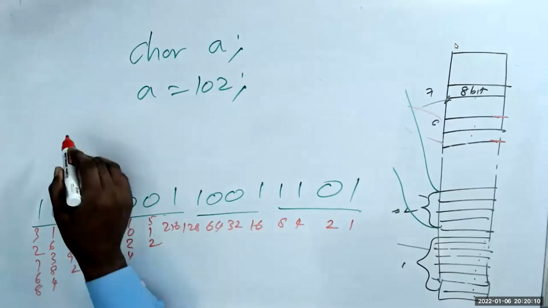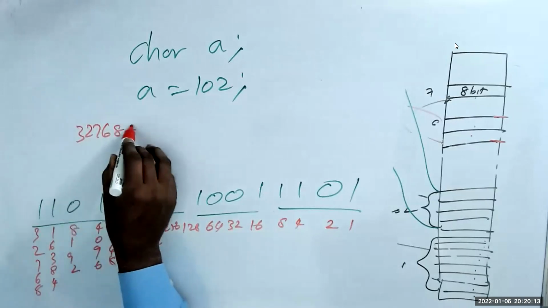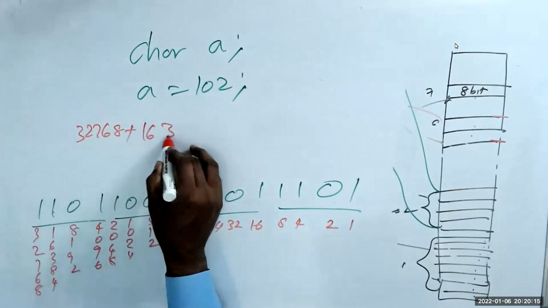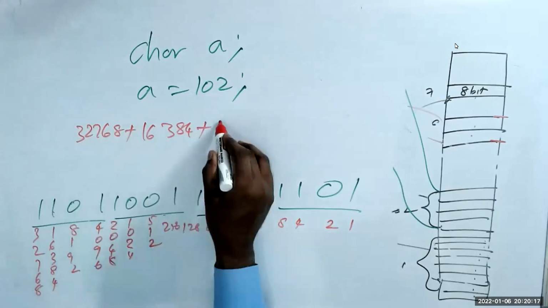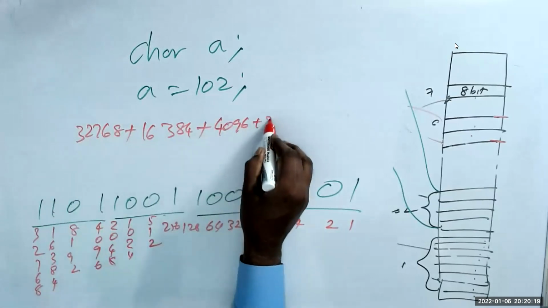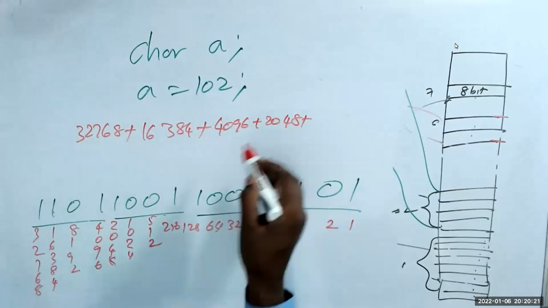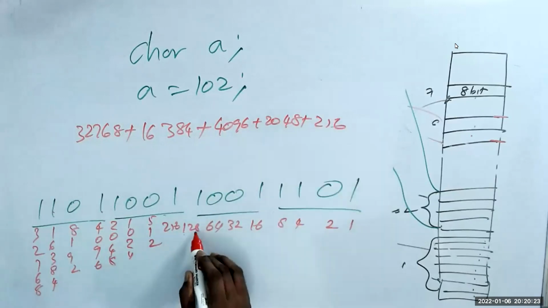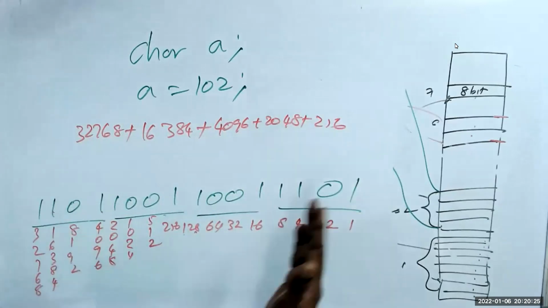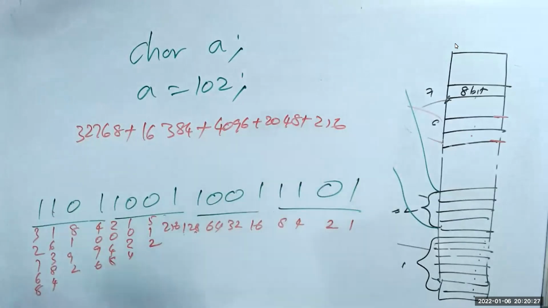Then you have to add them all up. Writing itself takes so much time for you. So if I give big numbers, writing this becomes very difficult.